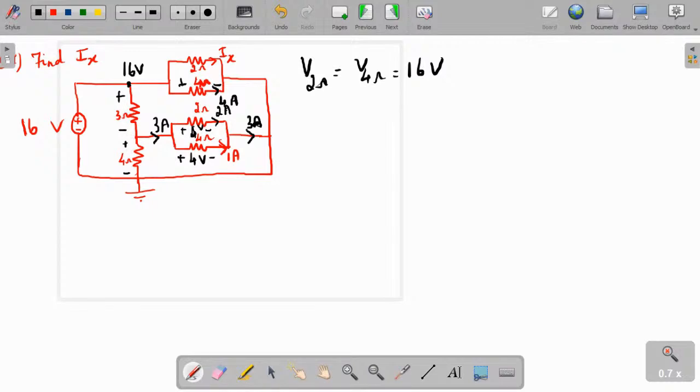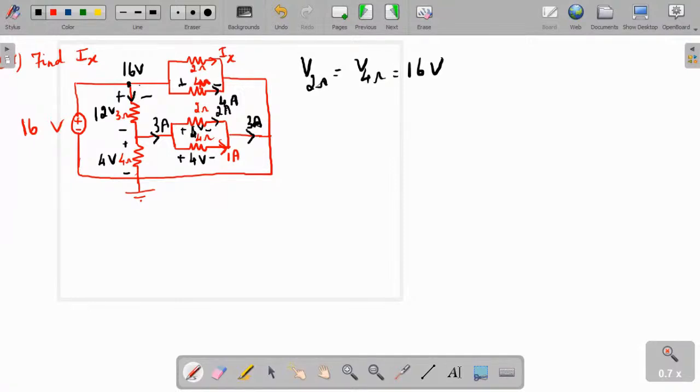Yes, so what will be the current here? Across this 3 ohm resistor, what is the voltage drop? Total is 16 volt. So here the voltage drop across the 3 ohm resistor will be 12 volt. Right, so here it will be the remaining 4 volt.